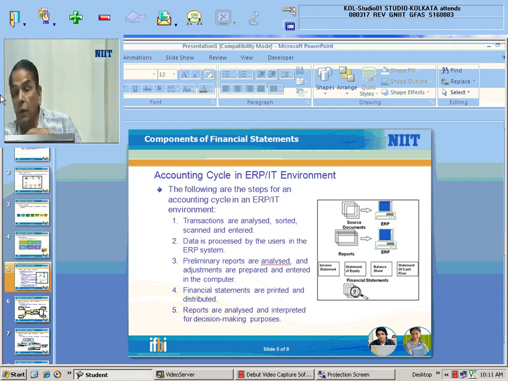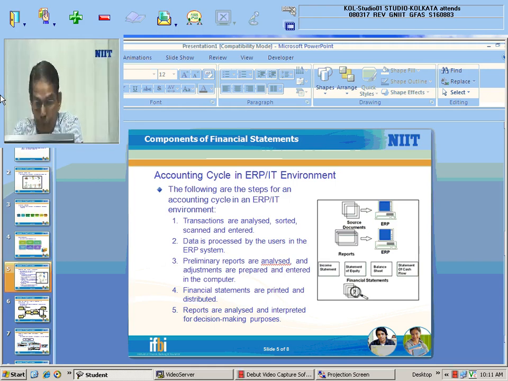In such an environment, how does it look? The steps involved in the accounting cycle in an ERP or IT environment: transactions are first analyzed, sorted, scanned, and then entered. Transactions means the source documents will be analyzed, sorted, then scanned, and then entered.